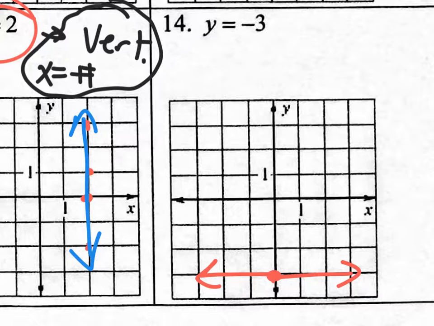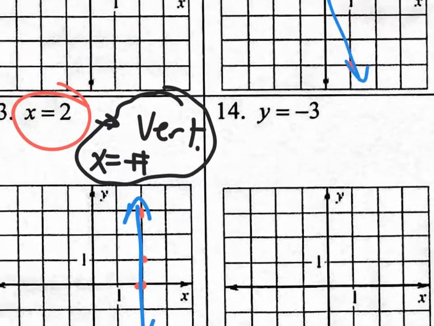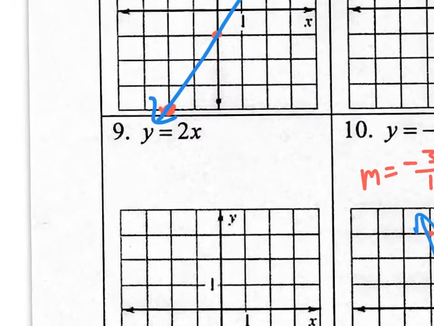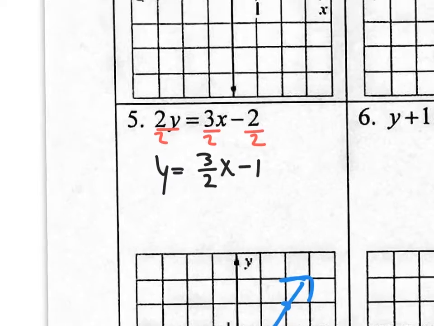What I want to do right now is take it a step further, okay? I want to talk about domain since we already have some of these graphed. I want to talk about domain and range. So, specifically about domain.